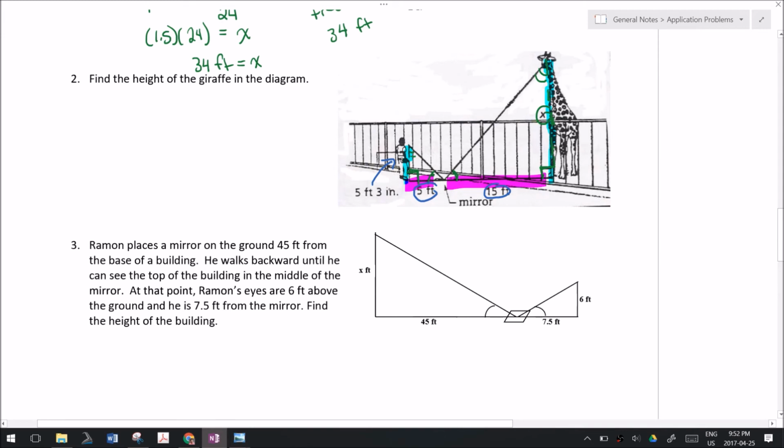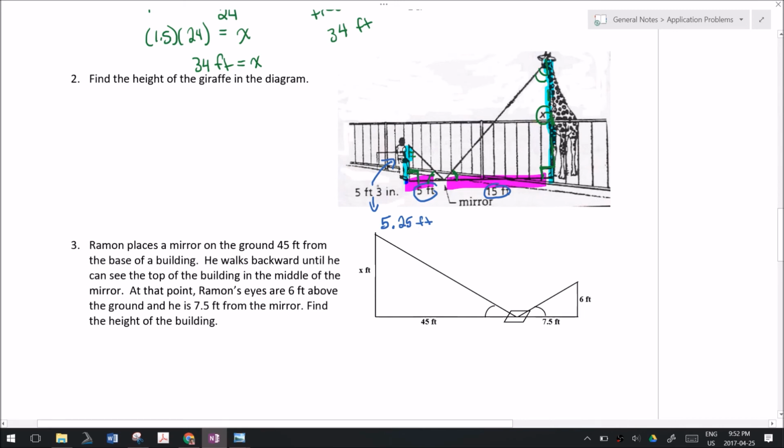So what I have to remember is that if I convert 3 inches to feet, there's 12 inches per foot, so 3 inches then is going to be a quarter of a foot. So this is actually equal to 5.25 feet. So when I'm doing my conversion, I have to be careful. This is the only problem where you need to do that, but just make sure that you're using the same unit.